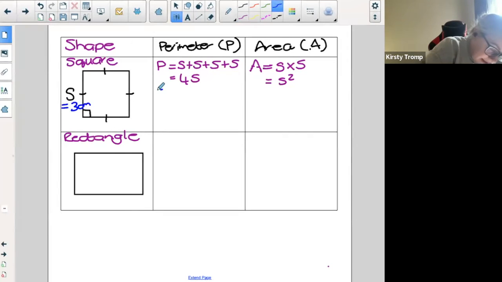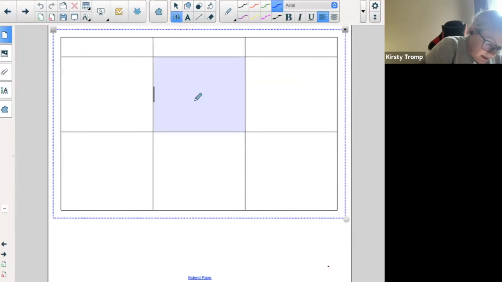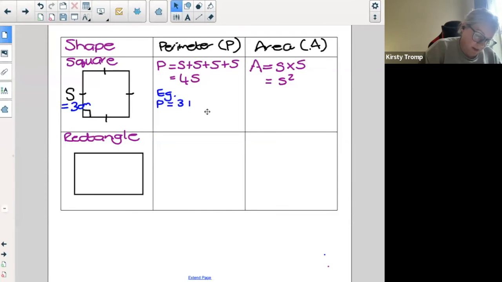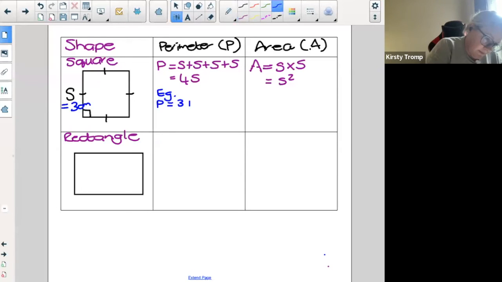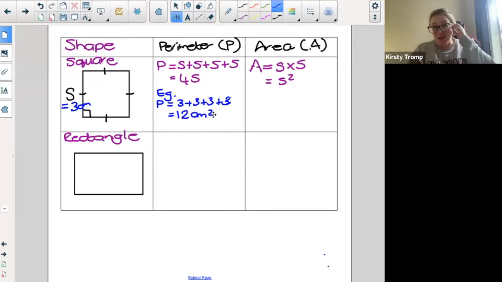Example, perimeter equals 3 plus 3 plus 3 plus 3, which is equal to 12 centimeters, or I could have said 4 times 3, which also gives me 12.